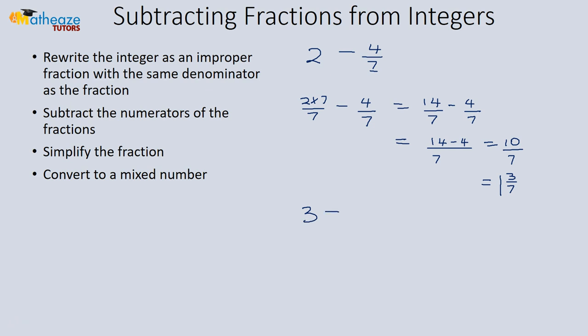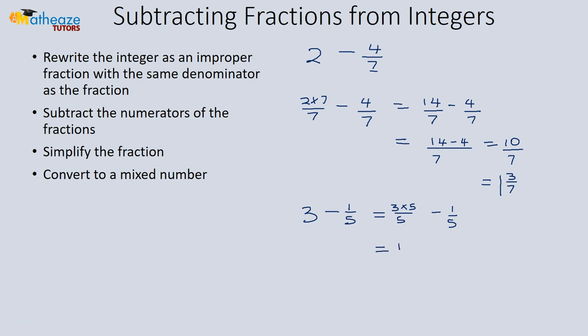3 minus 1 over 5. So if you follow the steps, the first thing we're going to do is rewrite 3 such that it shares the same denominator as the fraction. So we have 3 times 5 over 5 minus 1 over 5.